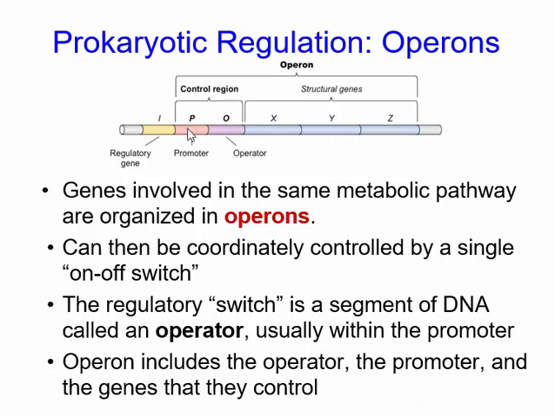So if you turn this on, basically, you're going to produce these 3 different gene products. Something else that you'll see here is this operator region. And it acts as a regulatory switch, either turning this on or off, again, as we'll see in some examples here. And that's usually within this control region or promoter region. And then together, this all forms the operon, the control region and the actual genes.